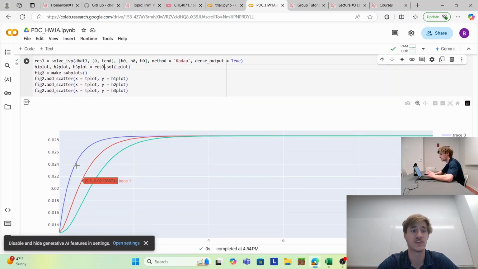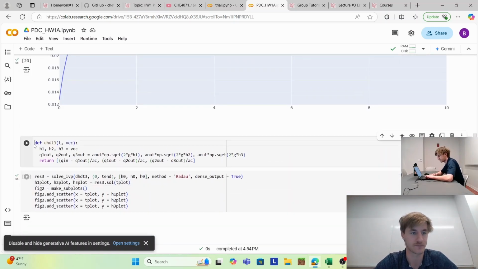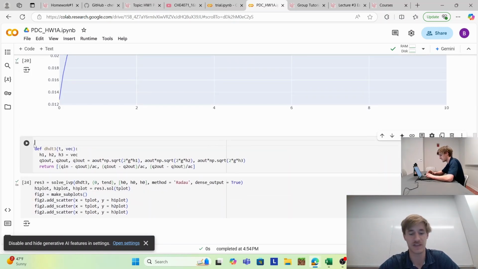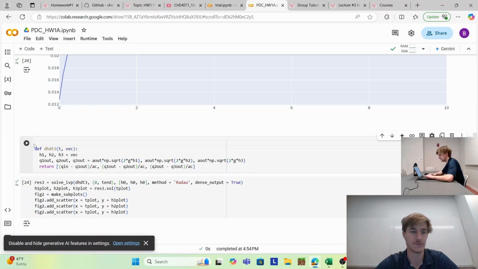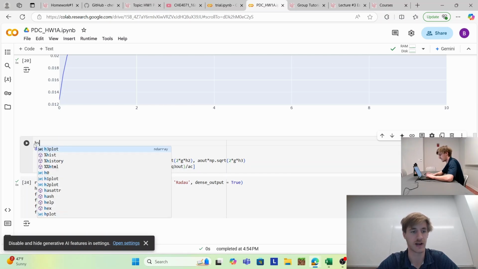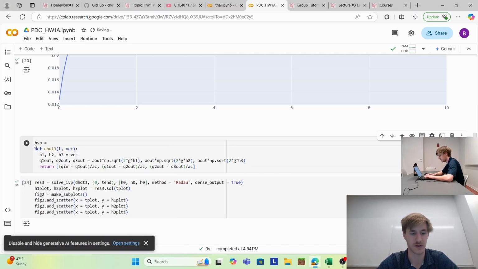But now what we're going to do is add a controller. So I want this to control off of the third tank's height. And my goal is going to be to increase the third tank's height by 20%. So our height set point is going to be 1.2 times our initial height.